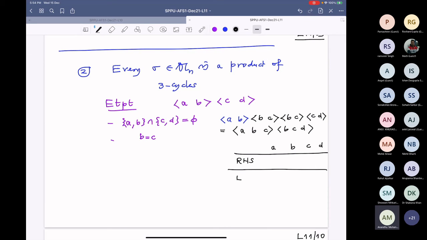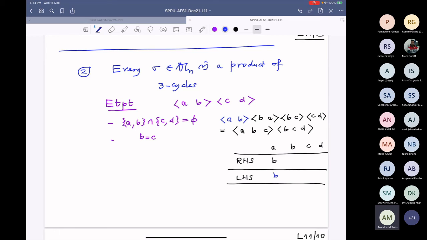And down I will write LHS. Let us see where A goes. A is fixed here, A goes to B here, so A goes to B under RHS. Where does B go?